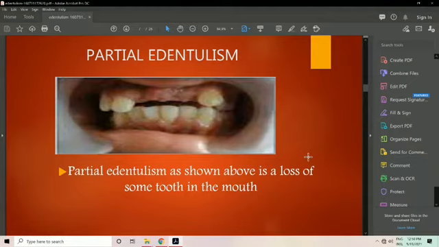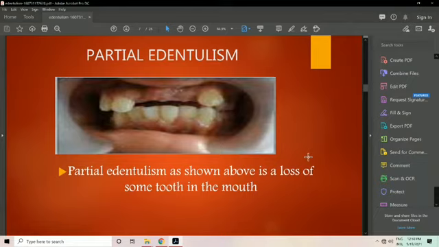This is an image showing an example of partially edentulous patients. In this, we can see that the patient has missing anterior teeth. Anterior teeth involve the central incisors and lateral incisors, where we use those teeth for incising or eating food. Basically these anterior teeth are used for aesthetic purposes.